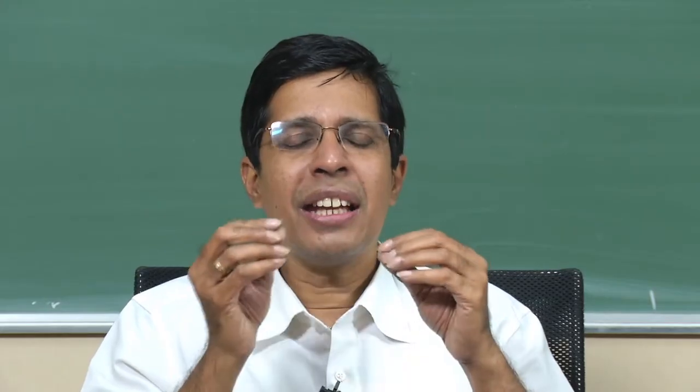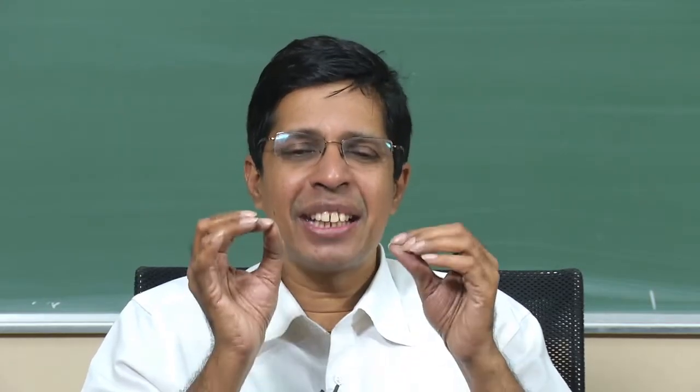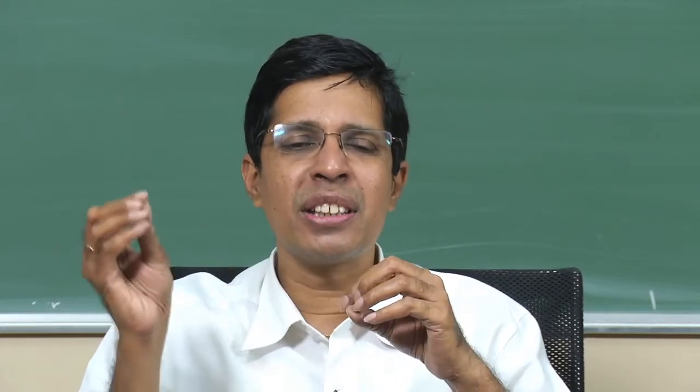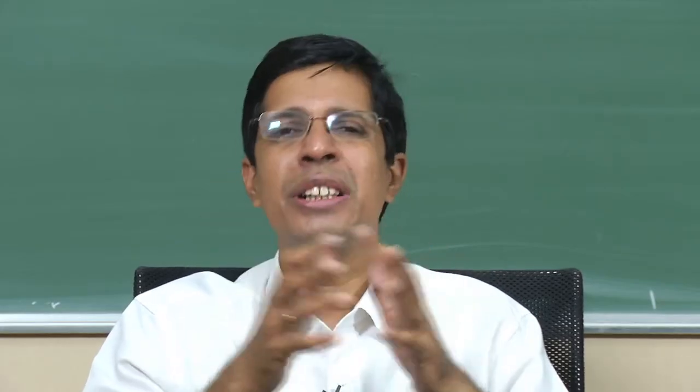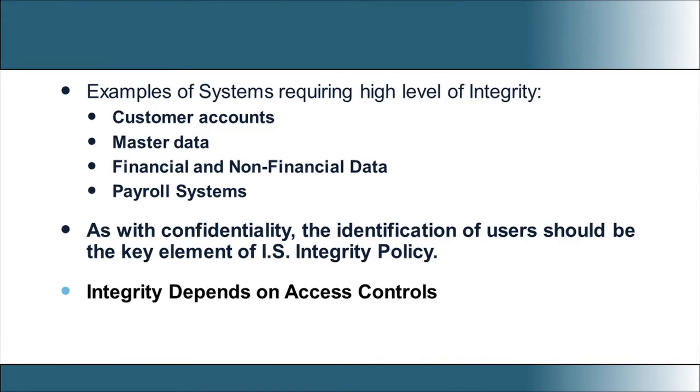What an authenticated user can do on different information assets inside the system, so that integrity will not be affected, is basically dictated by the access controls. So for us to ensure integrity, we need to have access controls. Now we will look at different access controls that form the basis of enforcing integrity.